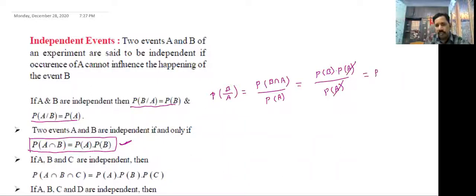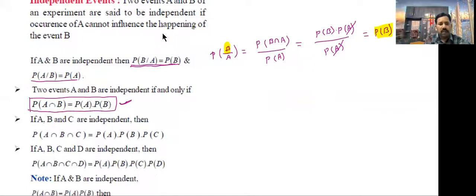We get the answer P of B. A and B are independent events, then P of B by A is equal to P of B. Remember it, whatever is there in the numerator part, that part is the answer. This is the second one, P of A by B is equal to P of A.